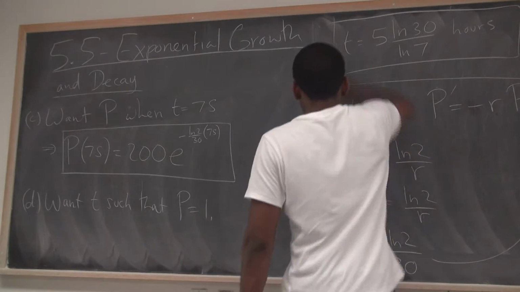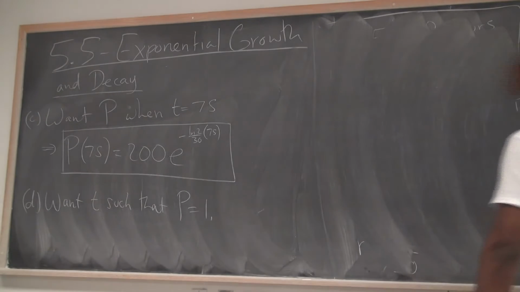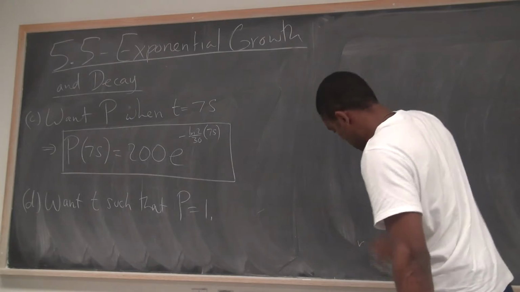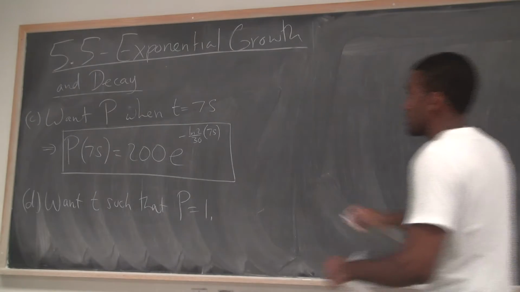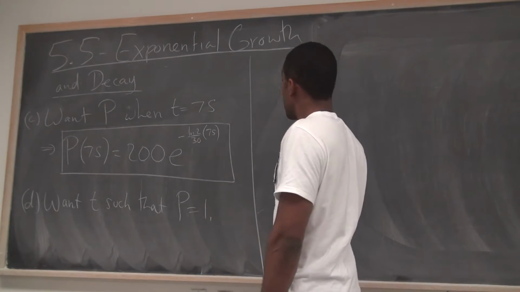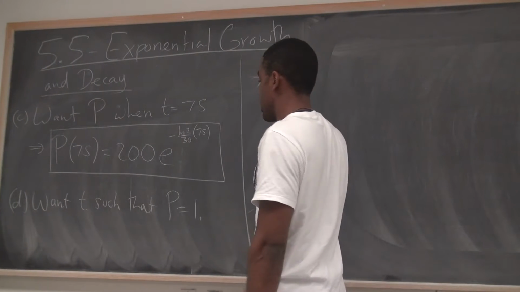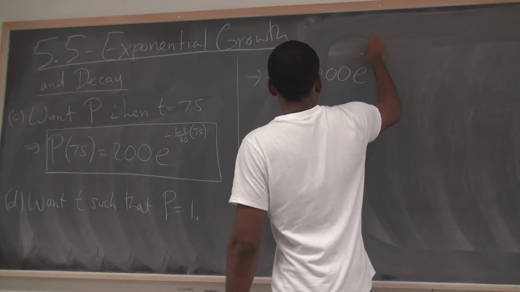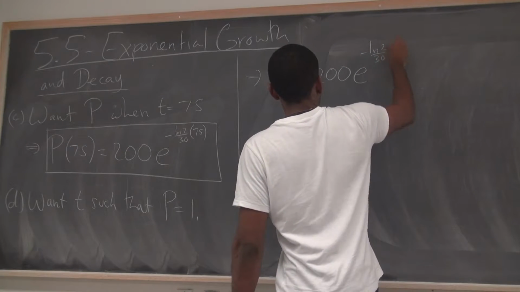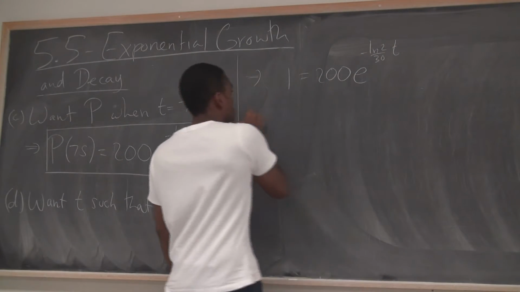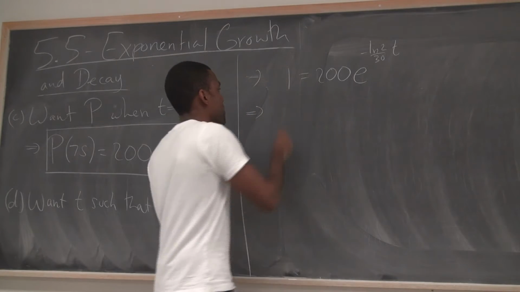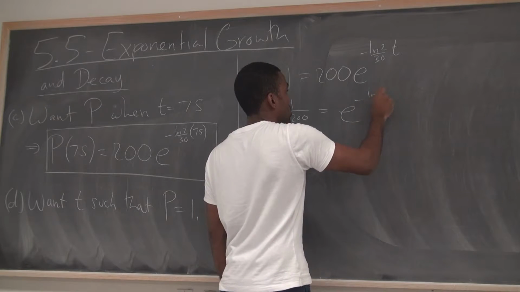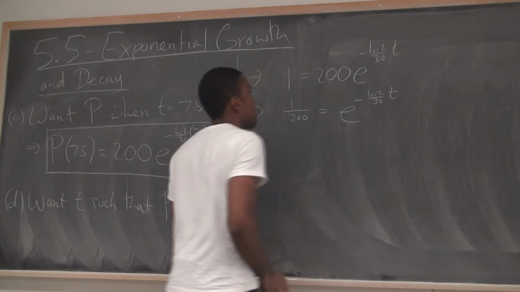So t such that P equals 1, this means that we want 1 is equal to 200 e to the minus ln 2 over 30 times t, which means we want 1 over 200 equals e to the minus ln 2 over 30 times t.